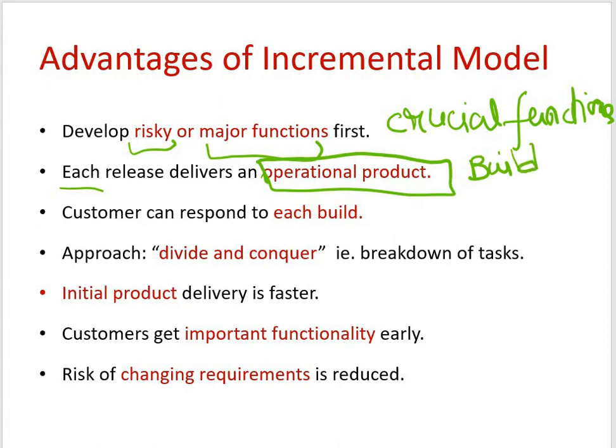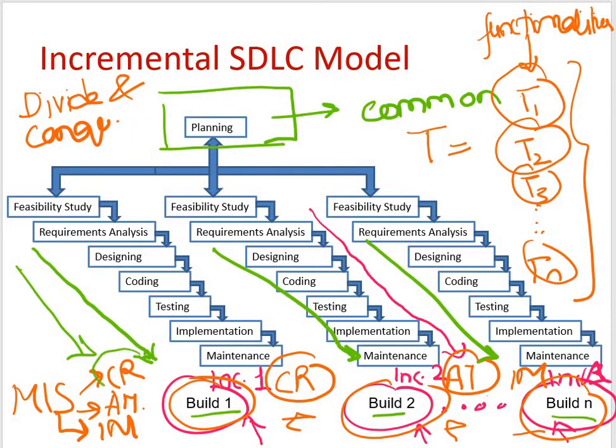It can have a subset of the functionalities which the overall product delivers, but each build will sort out or automate some activity. For example, for MIS, my first phase was course registration, so the course registration will be working fine. We will not comment on attendance management and inventory management because those would be part of later builds.